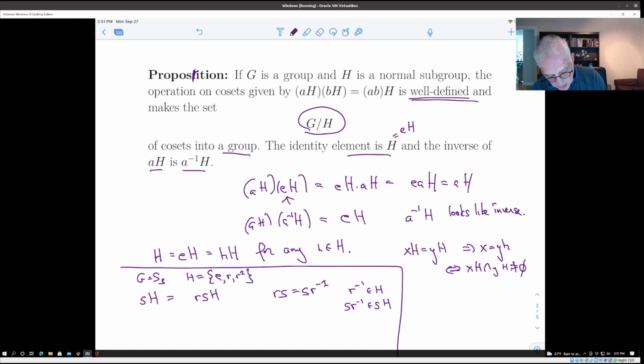So RS is in SH, but it's certainly in RSH because H contains the identity. So these two cosets include the subset which just consists of RS. They have that element in common, and so therefore they have to be equal.